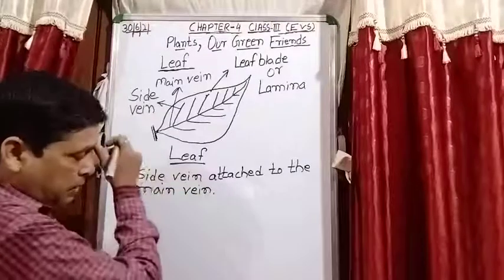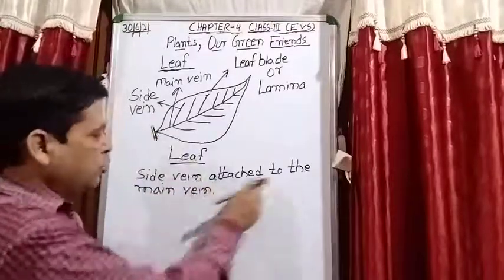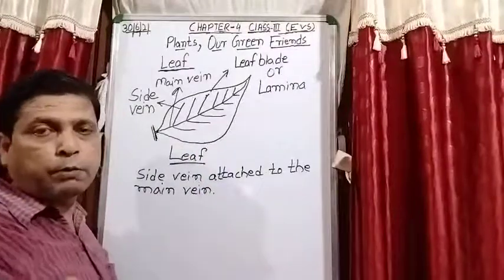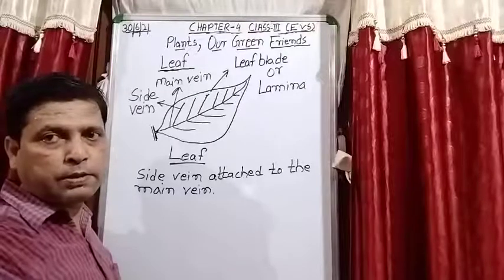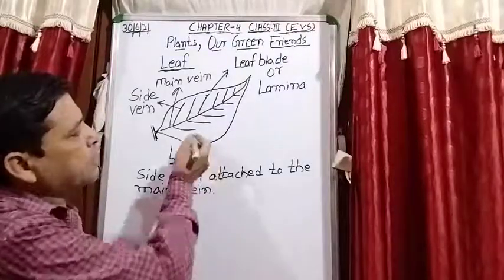Is it clear? Side veins attached to the main vein. And what was its role? What is the function? Now the question arises, what is the function of these side veins?